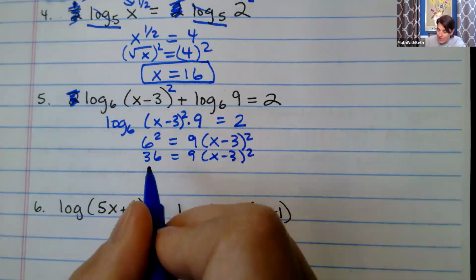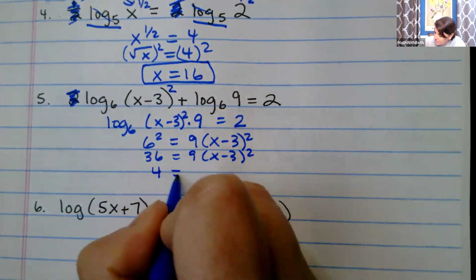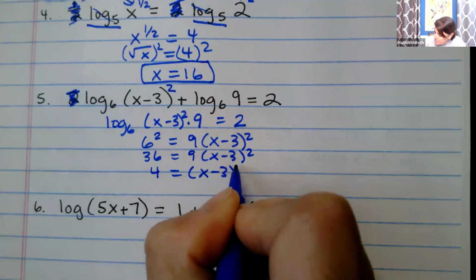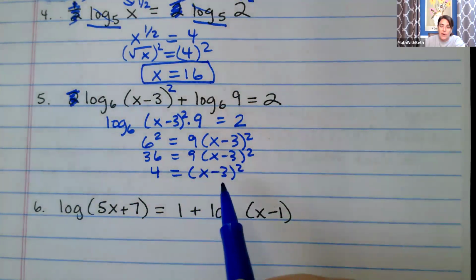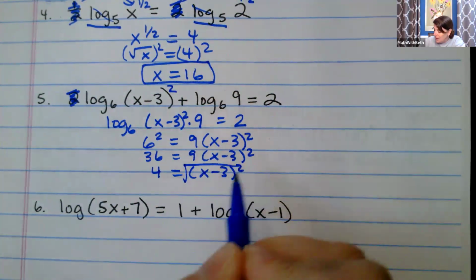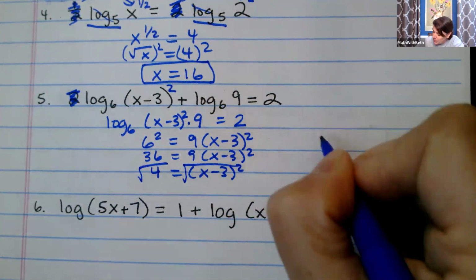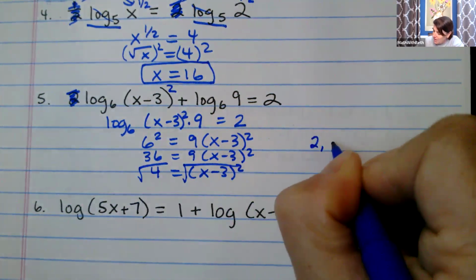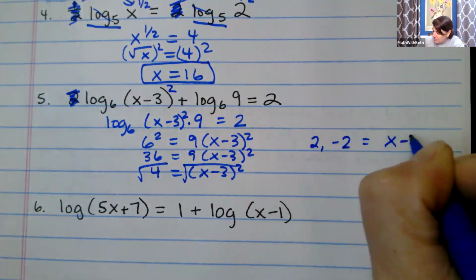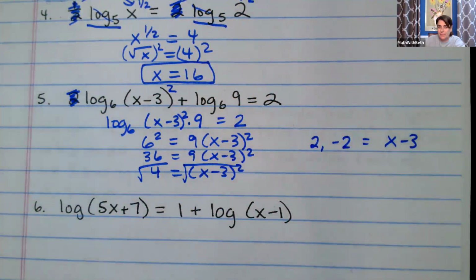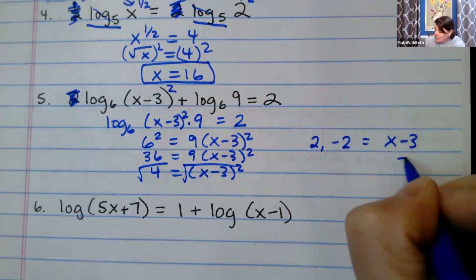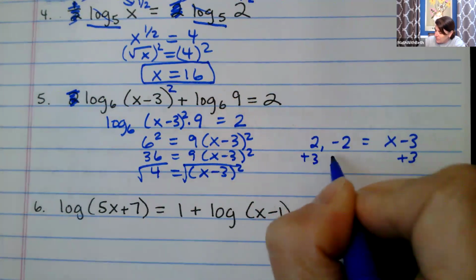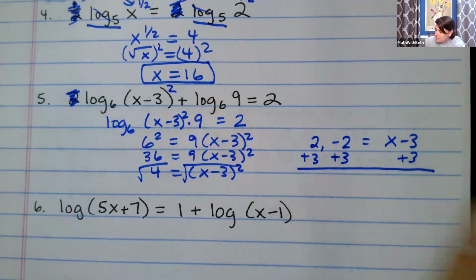I can now divide by 9. Square root both sides, but be careful because when you square root both sides, you end up with positive and negative 2. And then finally, you're going to have to add 3 to all of those answers.